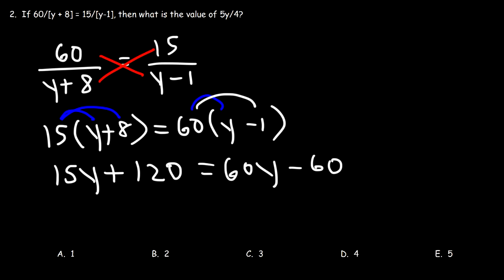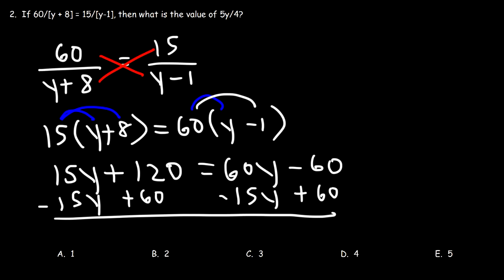So now let's combine like terms. So what I'm going to do is subtract both sides by 15y, and simultaneously I'm going to add 60 to both sides. So the y variables will cancel on the left side, and negative 60 plus 60 will cancel on the right side.